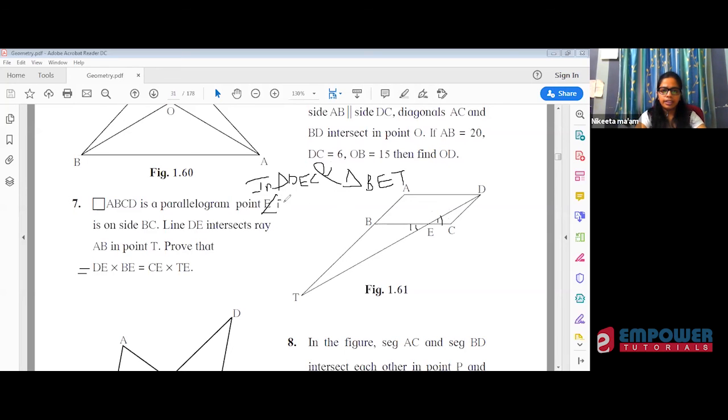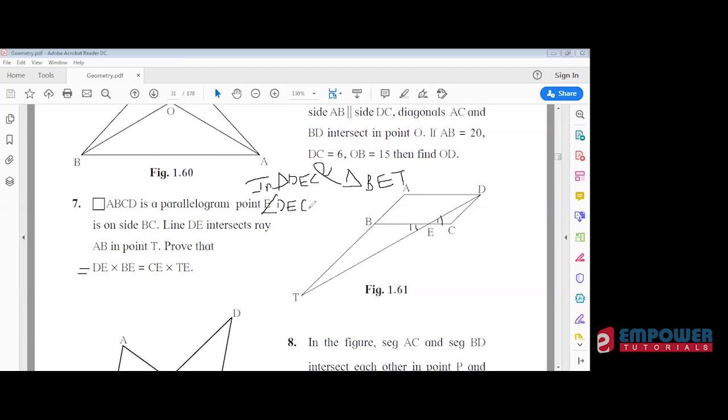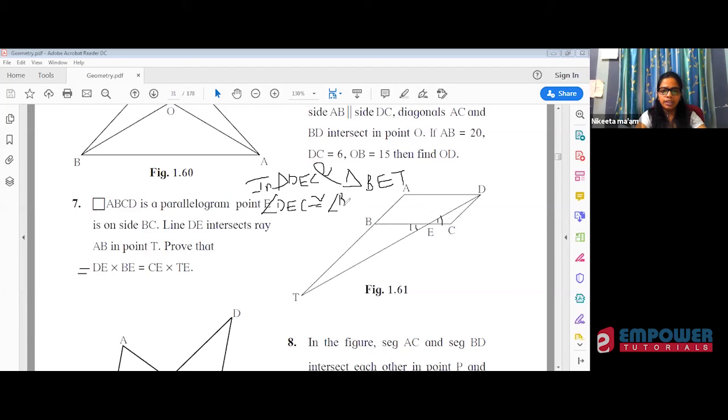So angle DEC is congruent to angle BET, vertically opposite angle. Now what other thing we know, that these two sides are parallel to each other. Why? Because these are the sides of your parallelogram, right?